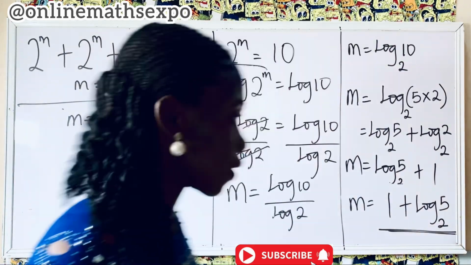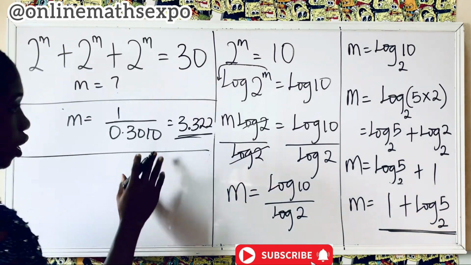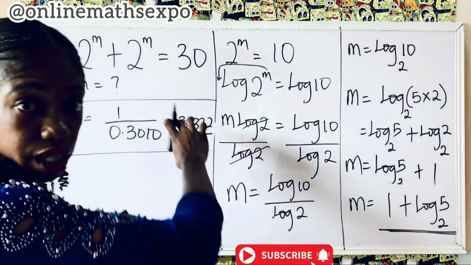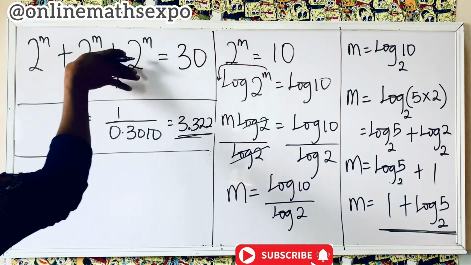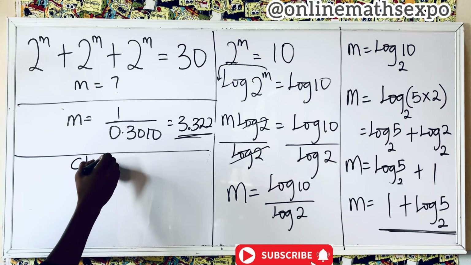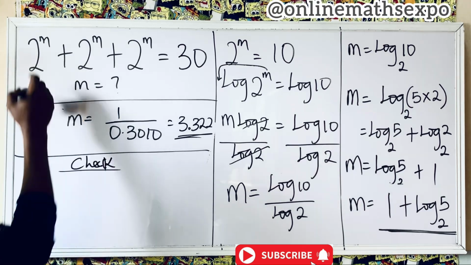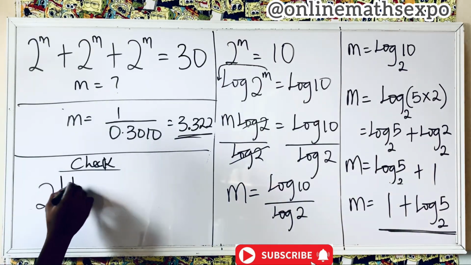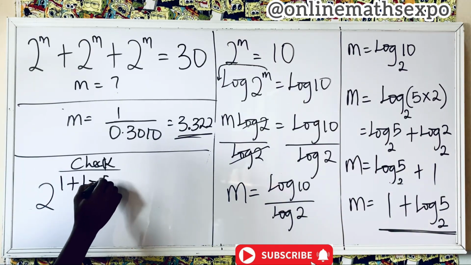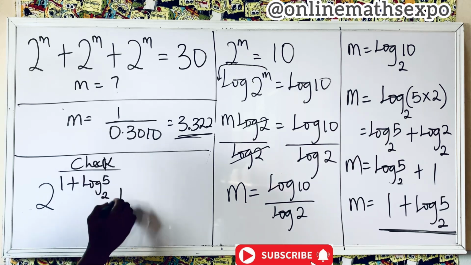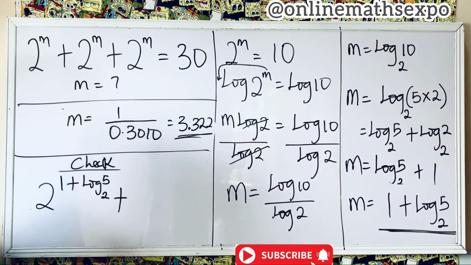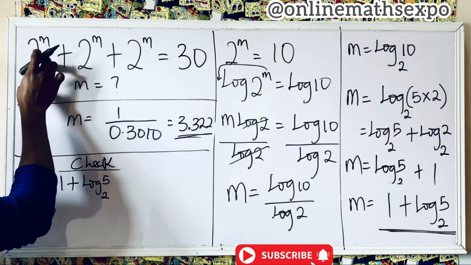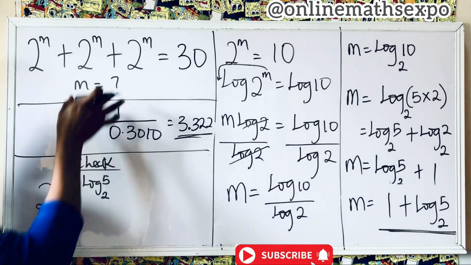Now let's do a check. In our check, we are going to check with this. You can also check with this, and let us know in the comments if it gives the same thing. So let's check with this. In that case, we have 2 to the power of our m, so we have 1 plus log of 5 base 2, plus.